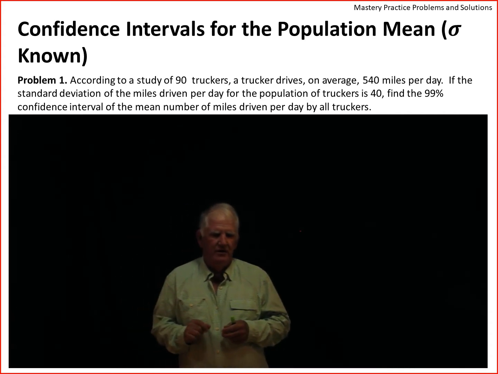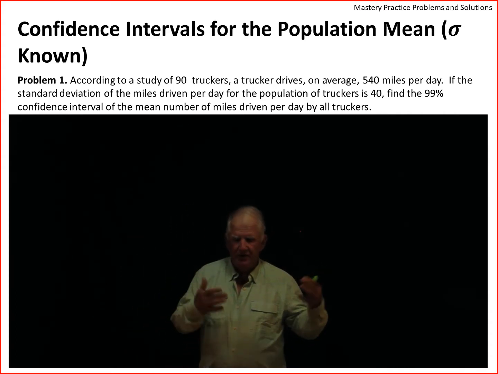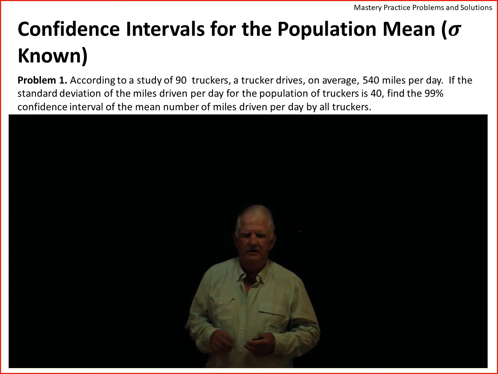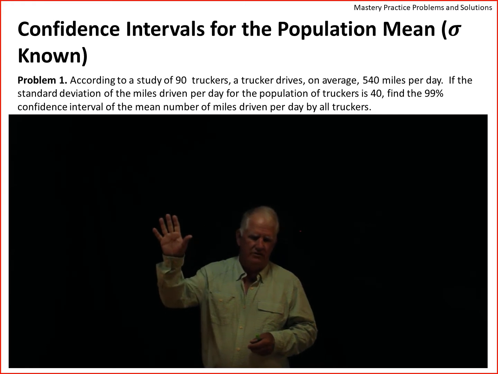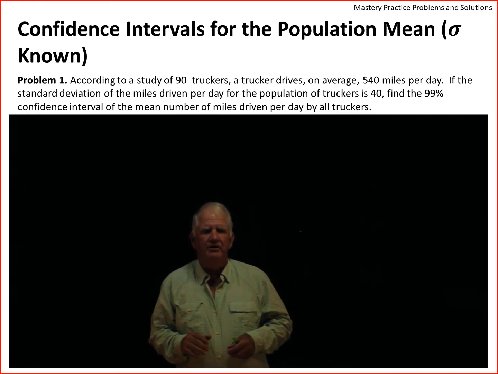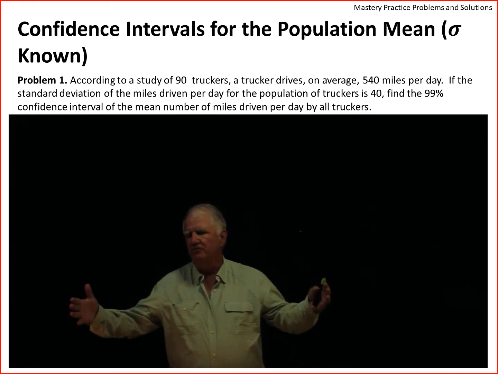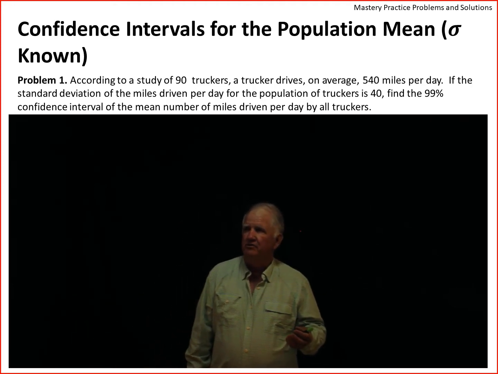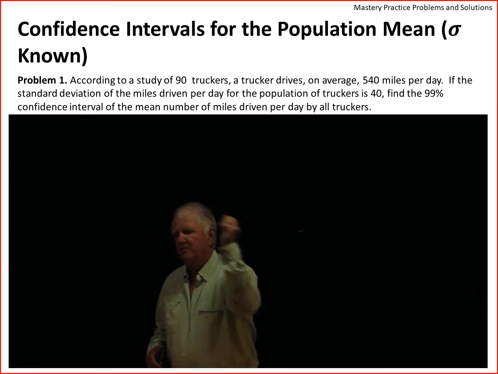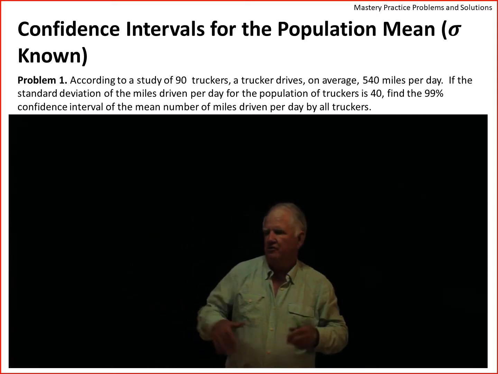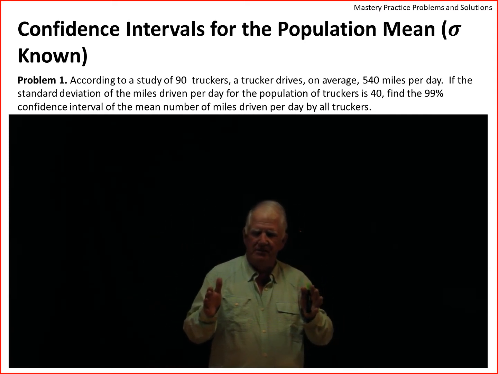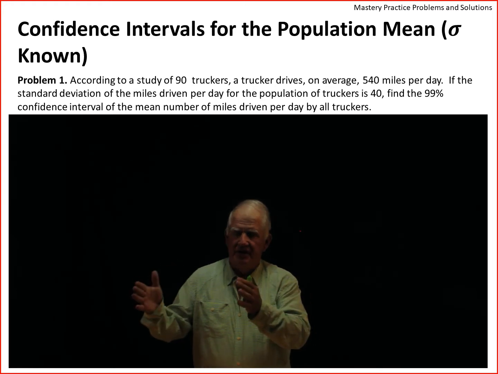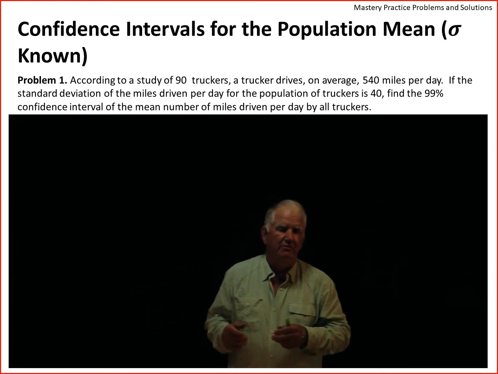This first one is very straightforward. I'm going to do it with the calculator, and I'm going to do it longhand as well. This is a study of 90 truckers aimed at understanding what the population of all truckers drives on a daily basis. We're going to reach into that population of all truckers, pull out 90, study that sample, and make inferences about the population.